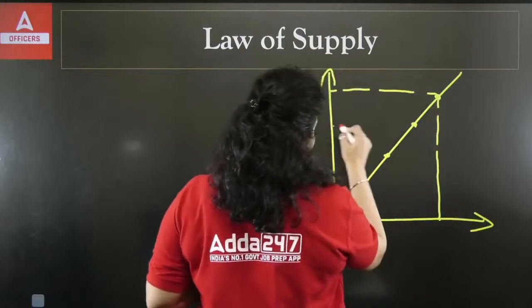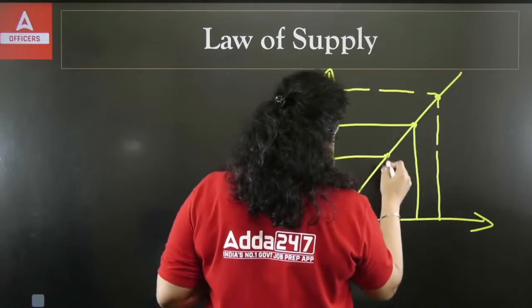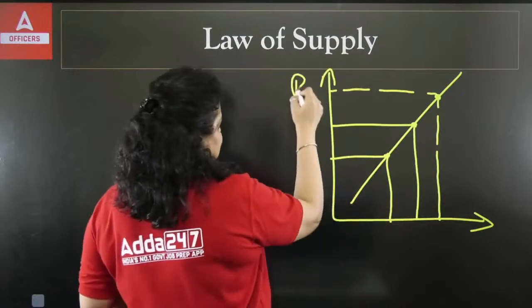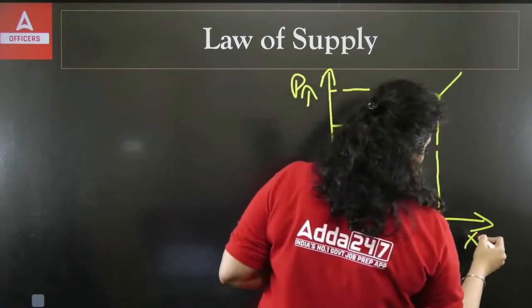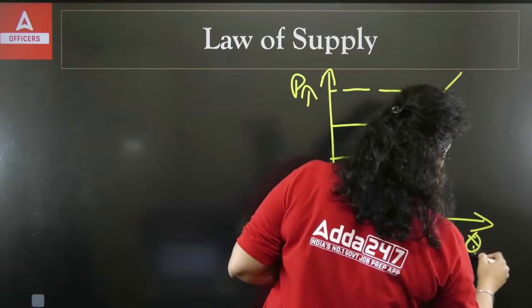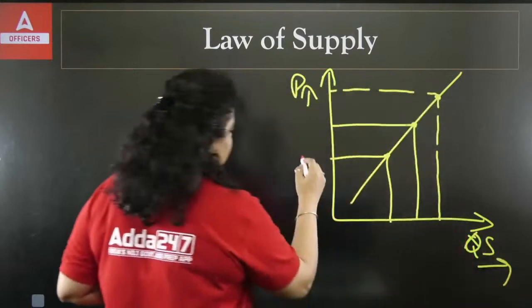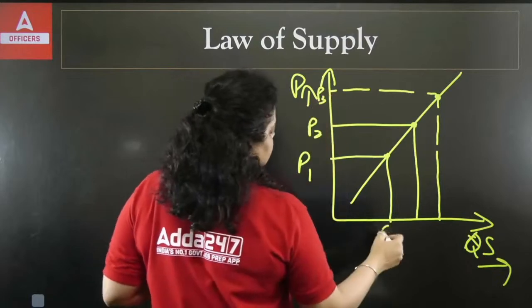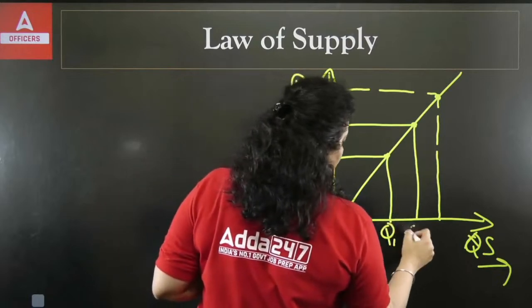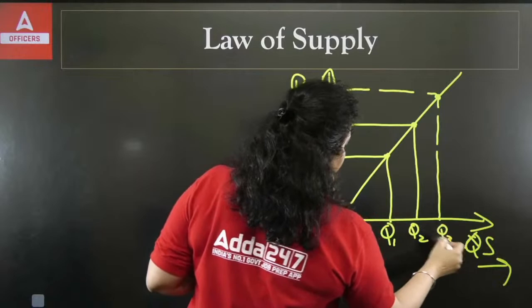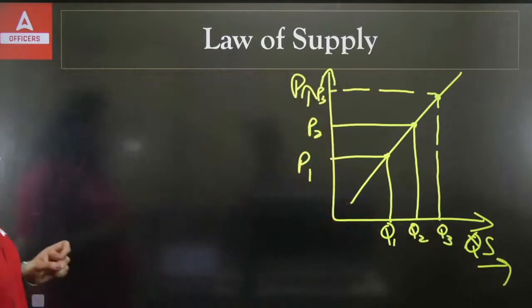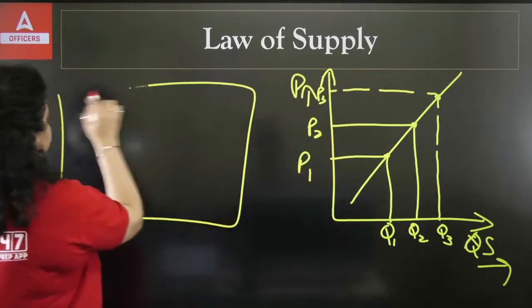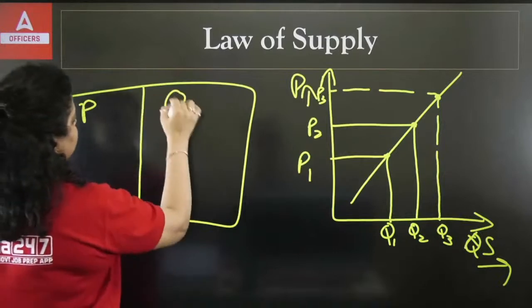It shows price on the y-axis, and on the x-axis we have quantity supplied. We have prices P1, P2 and P3, and quantity supplied 1, quantity supplied 2, quantity supplied 3.